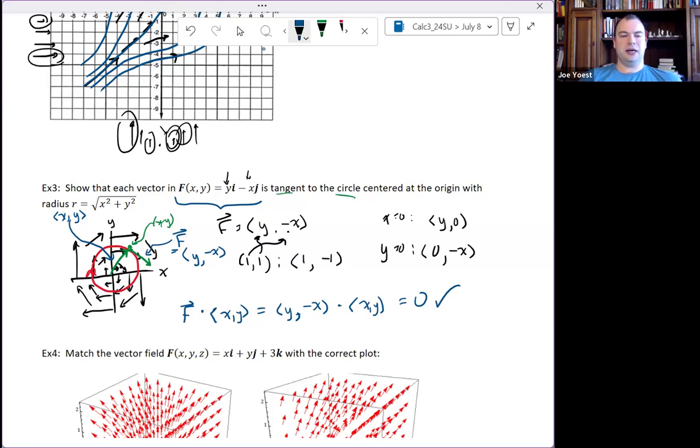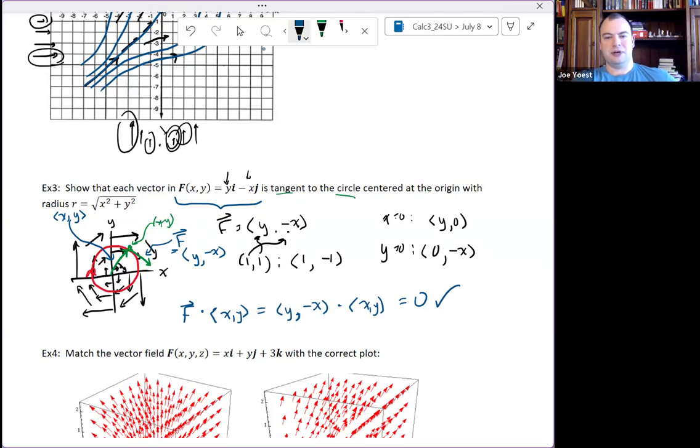So whatever xy I pick, when I draw the vector associated with that point from the vector field, and I consider the vector going from the origin to that point, when I swing it around radially 2 pi radians, that traces out a circle. And I do see that I'm perpendicular between those two vectors.